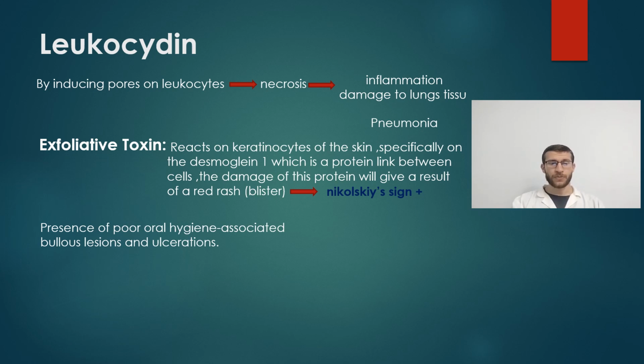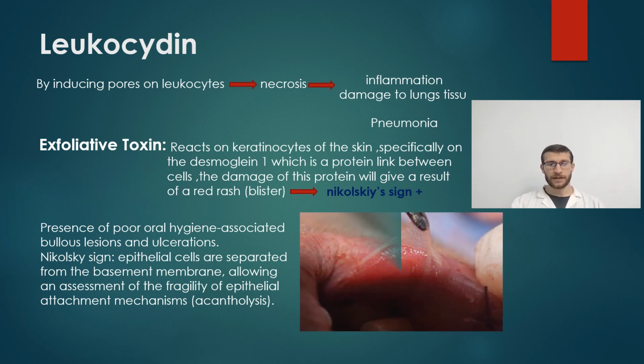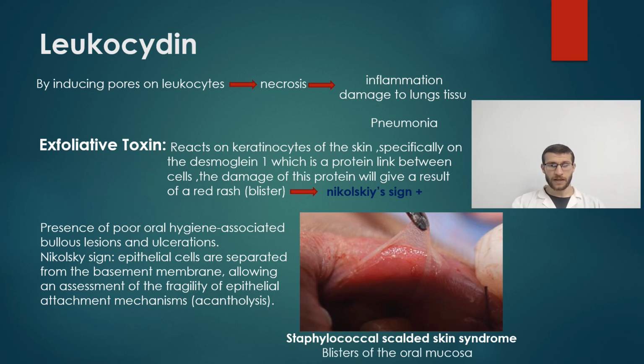Nikolsky sign is when epithelial cells are separated from the basement membrane, allowing an assessment of the fragility of epithelial attachment mechanisms, acantholysis. Here's a picture of that Nikolsky sign. It's called staphylococcal scalded skin syndrome, with blisters of the oral mucosa.